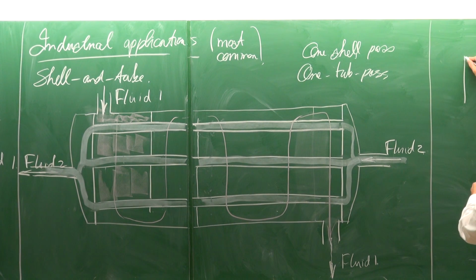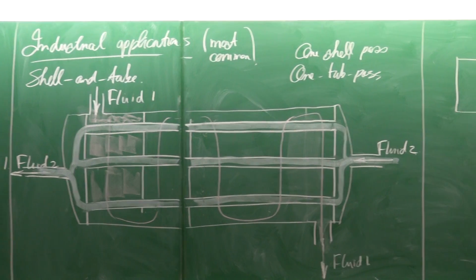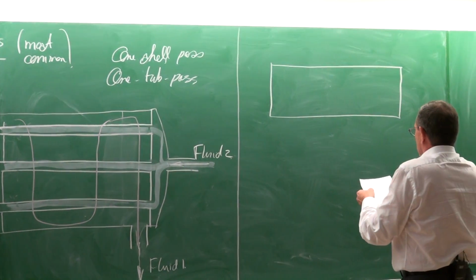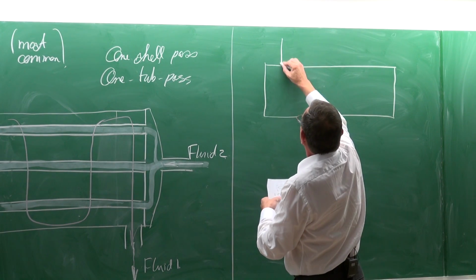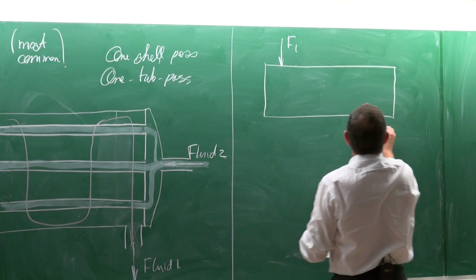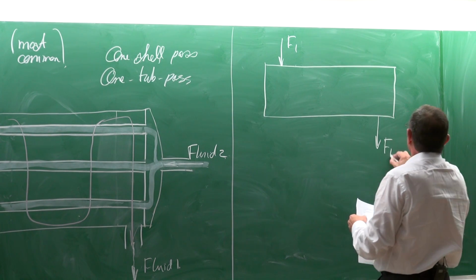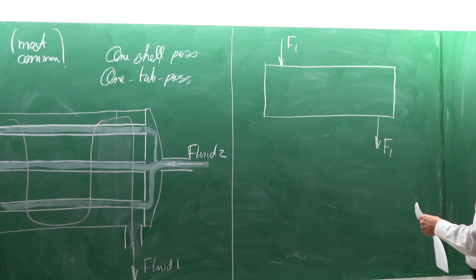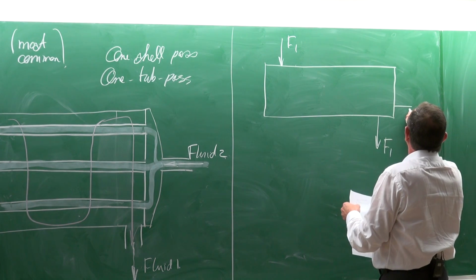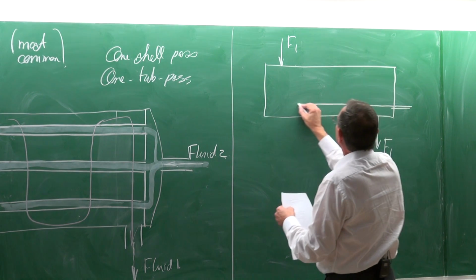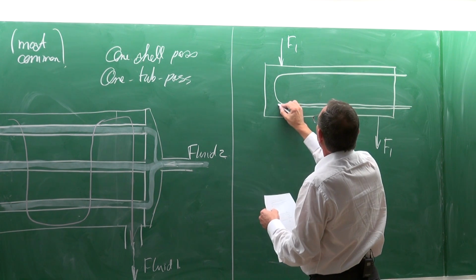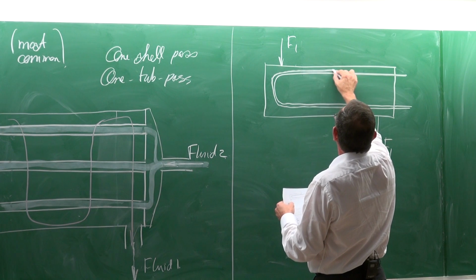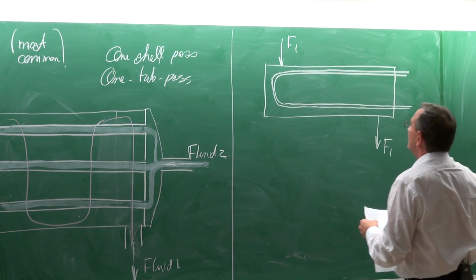And schematically, I'm going to show it to you like this. So if this is the shell, now you can have the cases where, let's suppose that was fluid 1, and that was fluid 1. Okay. Now you can have the tube where it would actually do something like that. All the fluid wouldn't go out into the baffle.